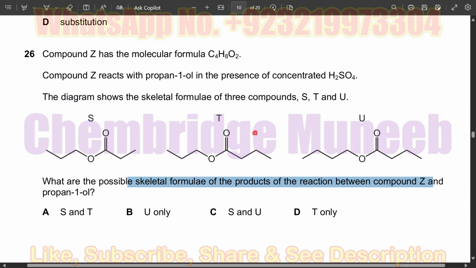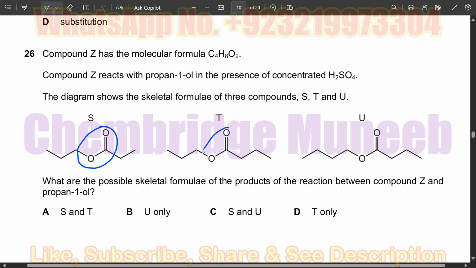So basically, we can see here that all of these are representing the ester functional group. All of them are ester, which means the reaction is between the alcohol and a carboxylic acid. This must indicate the formula of the carboxylic acid. That's why we are getting the ester.